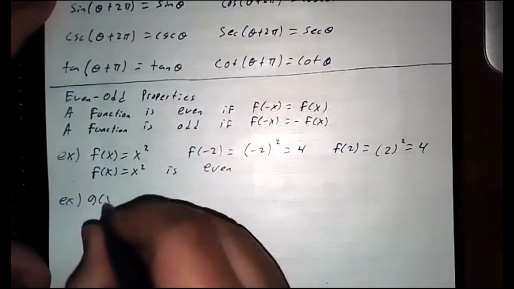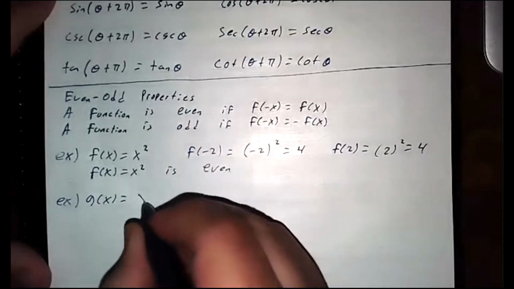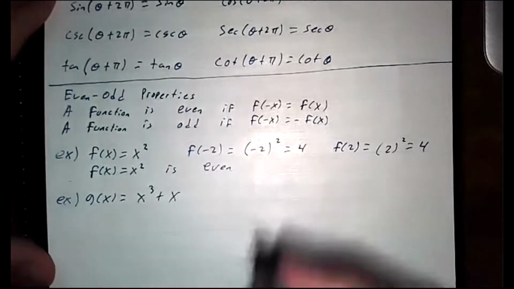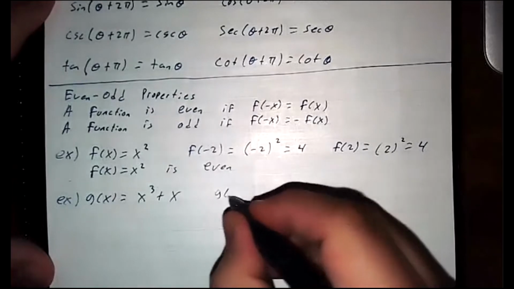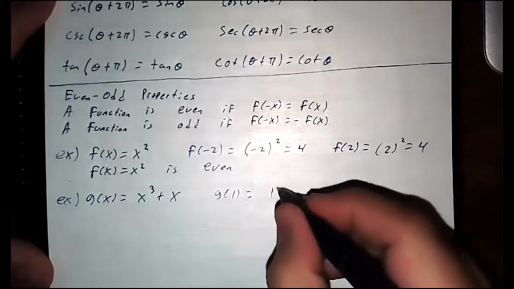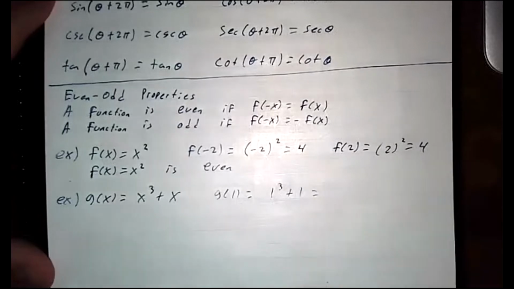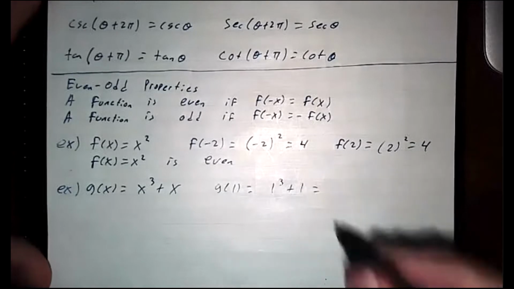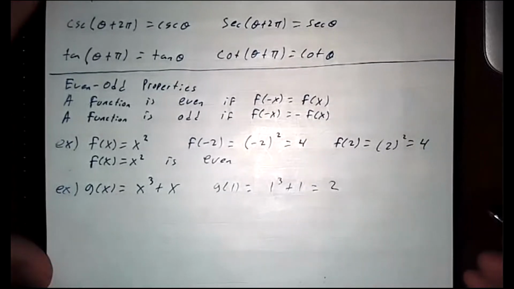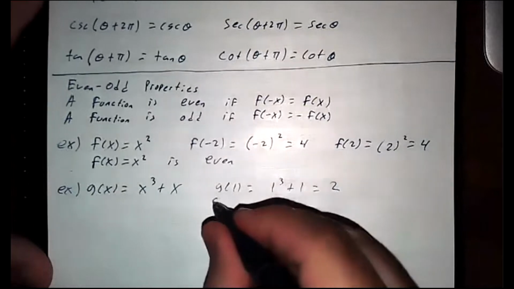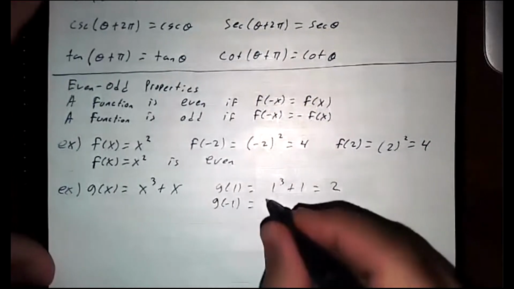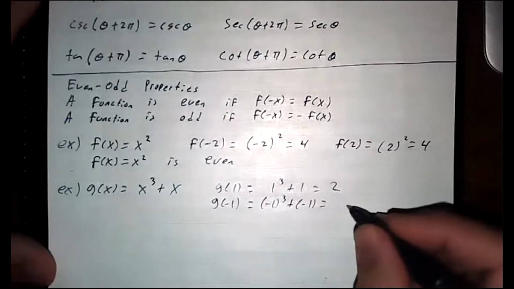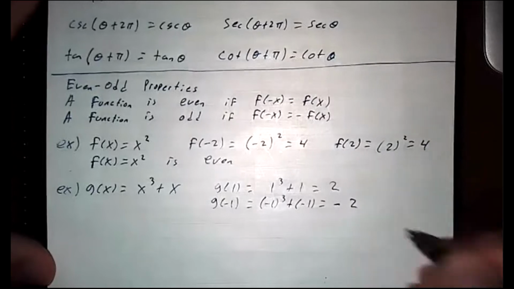Now let's say you have a g of x equal to x cubed plus x. If I plug in 1, that gives me 1 cubed plus 1, right? Do you agree? So that would be 2. Now, if I plug in a negative 1, that would be negative 1 cubed plus negative 1, which would be negative 2.